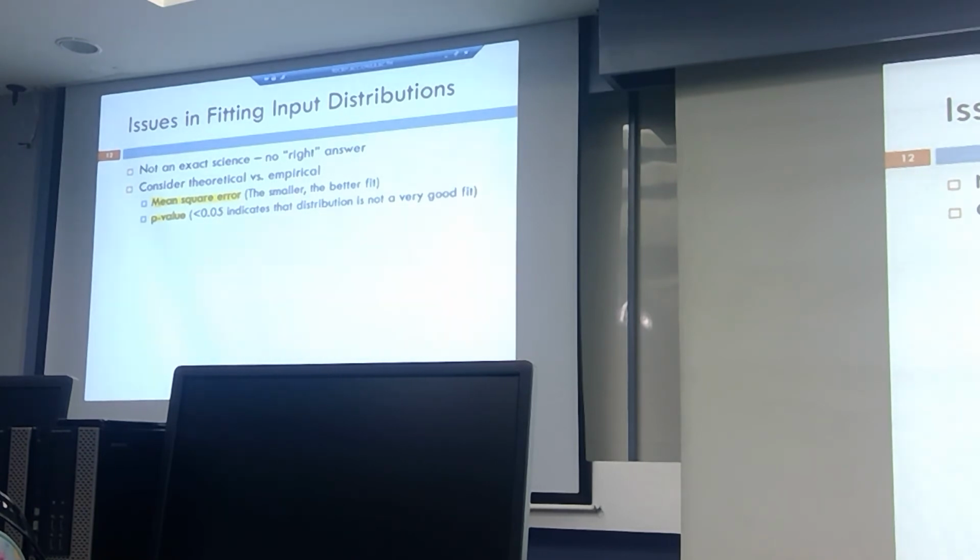Then we will consider that the distribution fits the data. These are the two things that we usually look at when we compare distributions. I'll show you when we use ARENA to fit the data again. For mean square error, the lower is better. For p-value, we want it to be 0.05 or more.